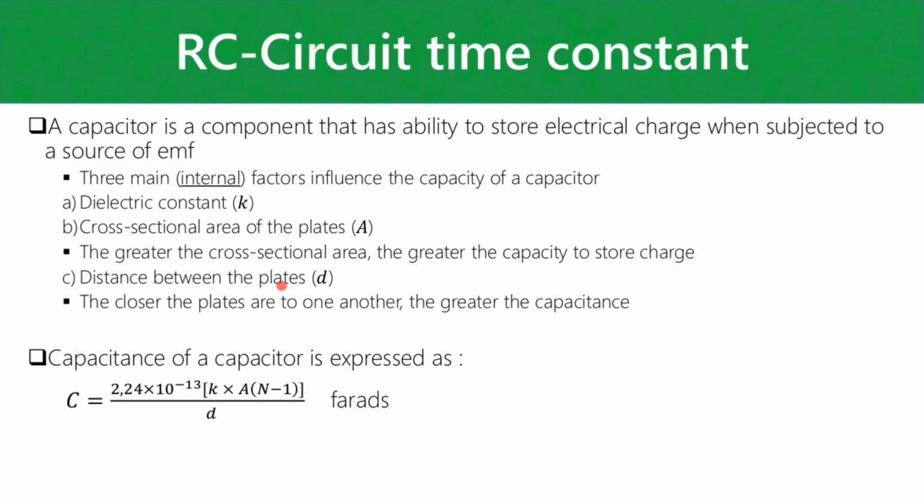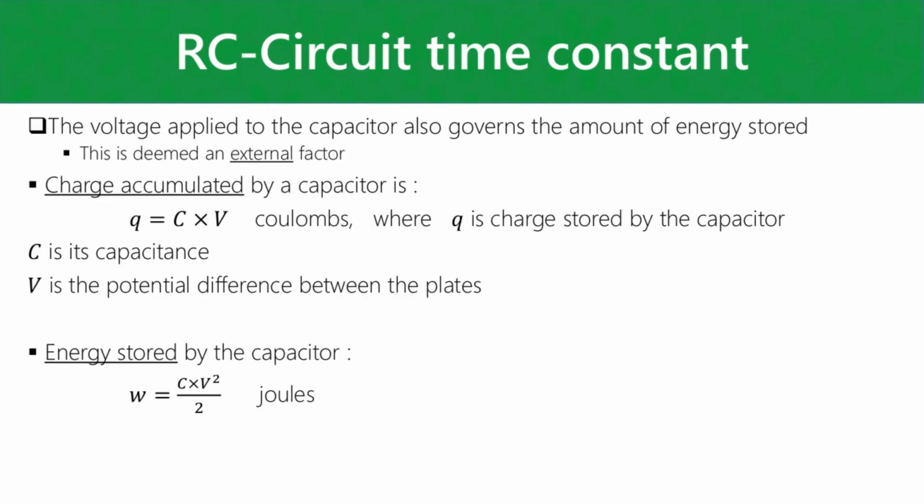Those three things are your internal factors that will influence the capacitance of your capacitor. The external factor then determines the amount of charge stored on your capacitor, and that's going to be the voltage applied to the capacitor.